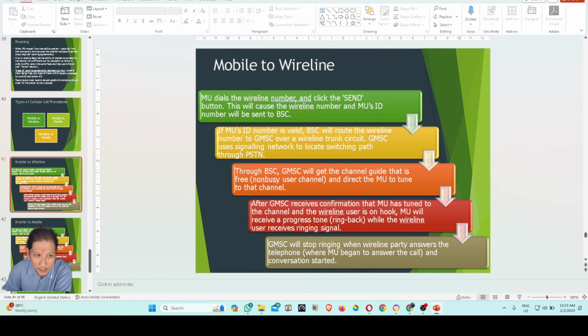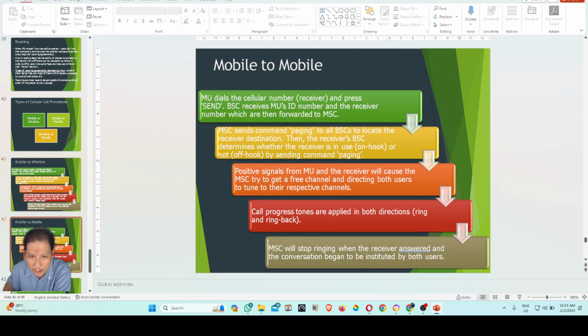This one is mobile to wireline, and then mobile to mobile is a different connection because basically it receives the mobile unit ID number and receiver number, which are forwarded to the MSC lah. And then the MSC sends the paging command to all BSC, and the positive signal from the mobile unit and receiver will cause the MSC to try to get a free channel and direct both users to tune to their respective channels. Yang ni dia punya mobile to mobile, kita ada ring and ring back.